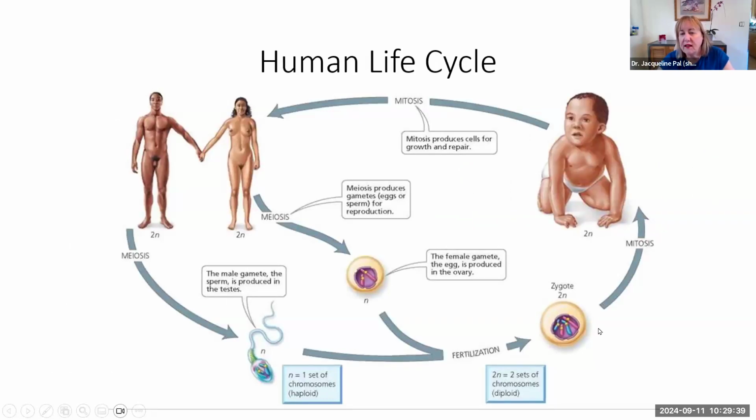So in our human life cycle, we started from a single cell, and most of our cells were 2N, and they grew and divided into adults ready to reproduce, at which time the gamete from the male, the sperm, and the gamete from the female, the oocyte, which were haploid, joined together, and the sperm fertilized the oocyte and ended up with a diploid offspring. And that's how the human life cycle continues.